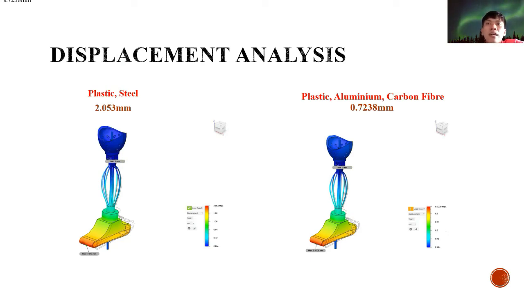So we know that when the displacement is very small, it means high strength, or a stable material that we can apply. So I will choose plastic, aluminum, and carbon fiber for this material.